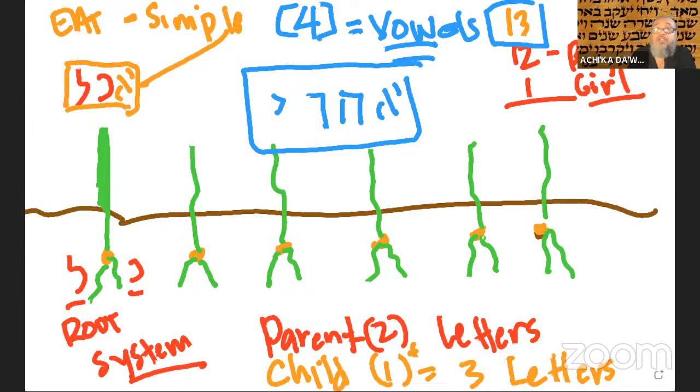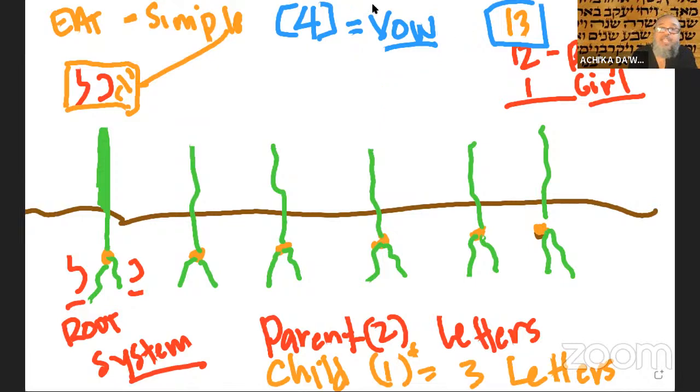So when you add these letters to any 2-letter root, you can change the meaning of that root just a little bit. It might have the same commonality, right? So for example, I'm gonna erase this right quick. Say, for example, the Kaf and Lamed had another child over here as well.